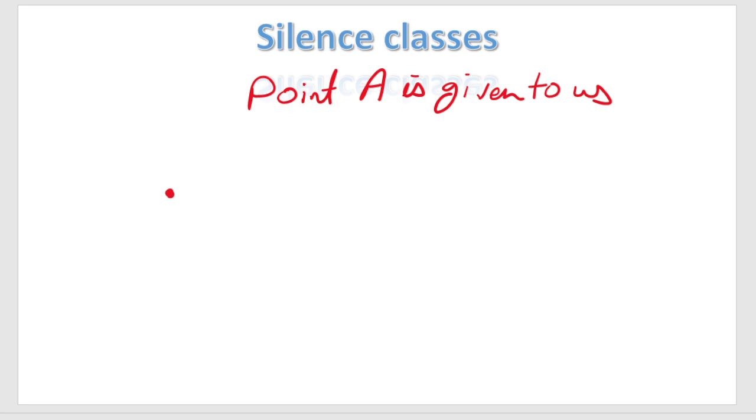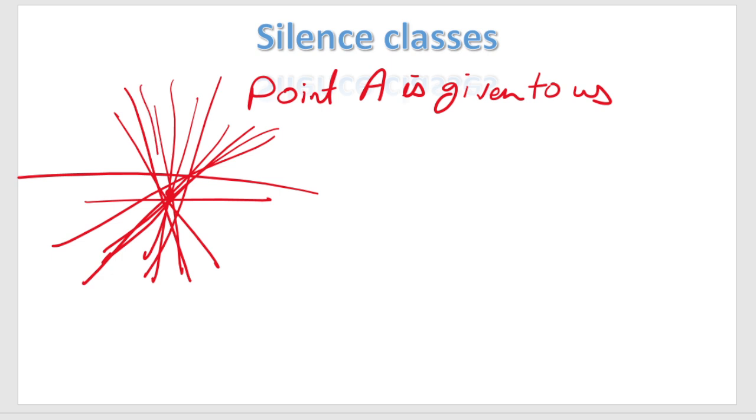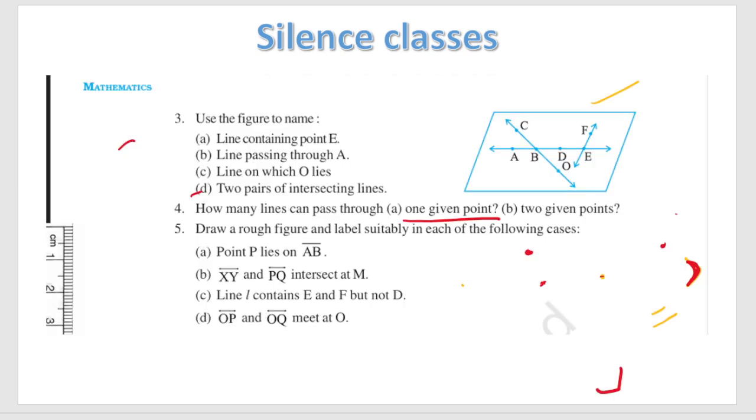So we can draw n number of lines passing through this point. So we can write it down, we can draw n number of lines through this given point.